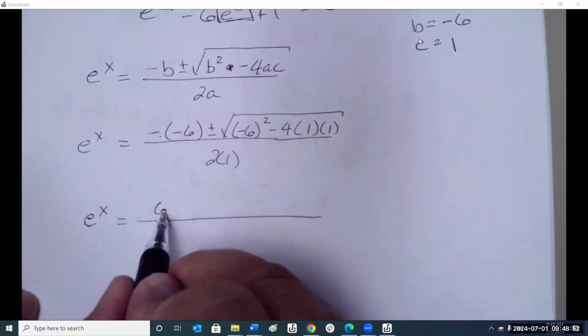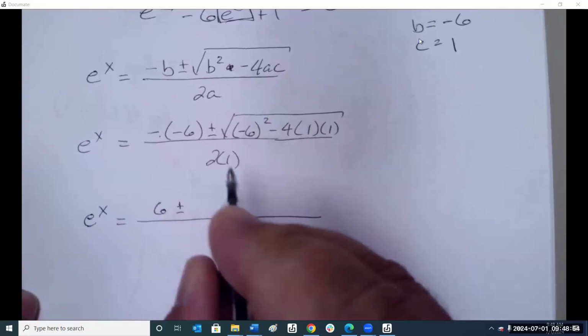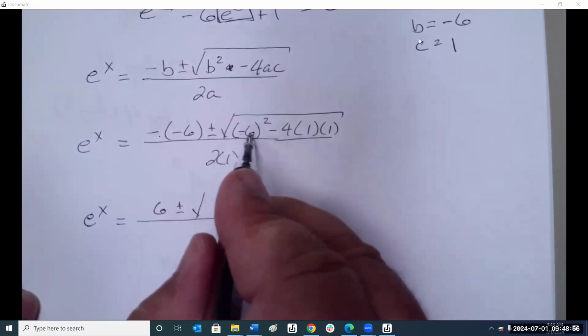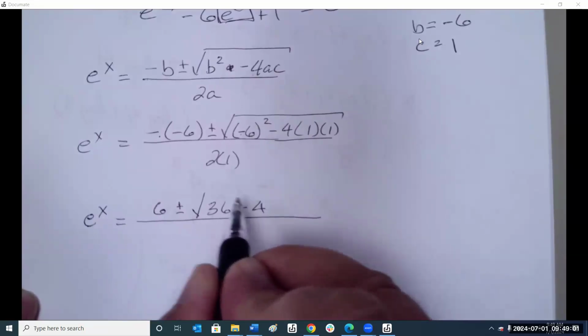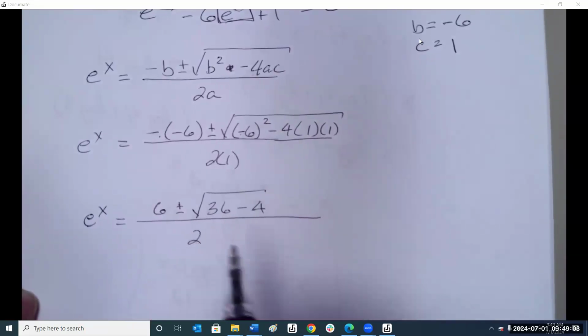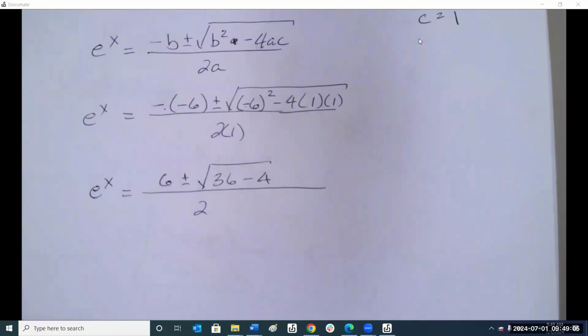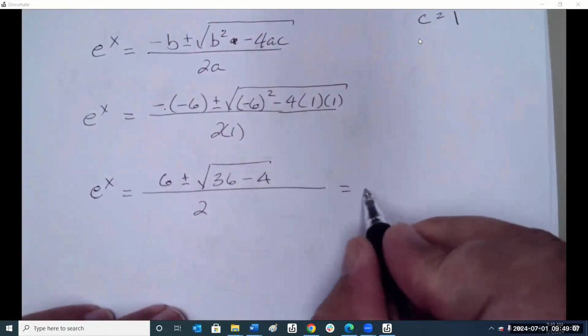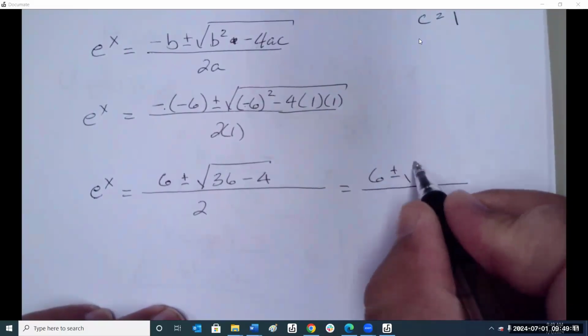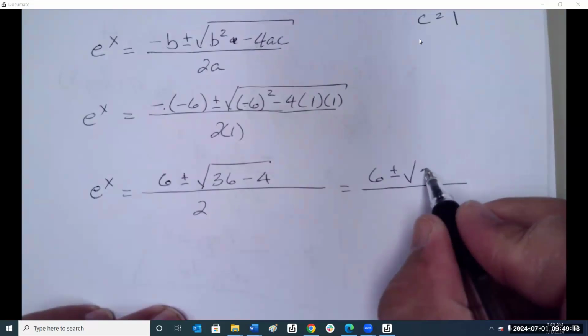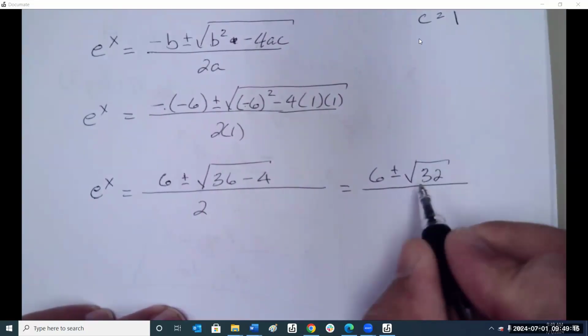Negative, negative makes it a positive. -6 squared is 36 minus 4 over 2.